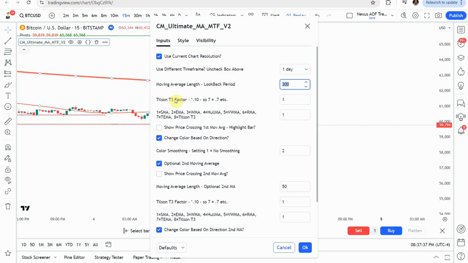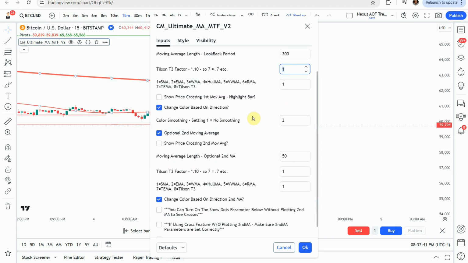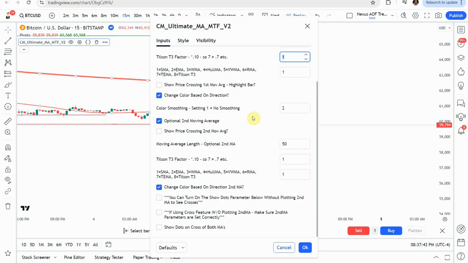We're going to change the T3 factor right here to 1. We're going to scroll down a little bit here, and check the optional second moving average right here. And then the T3 for the second moving average, we'll also change that to 1.